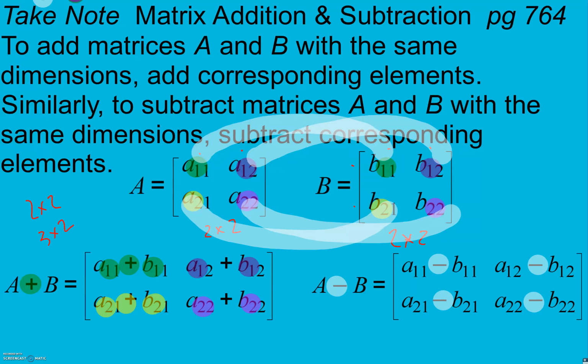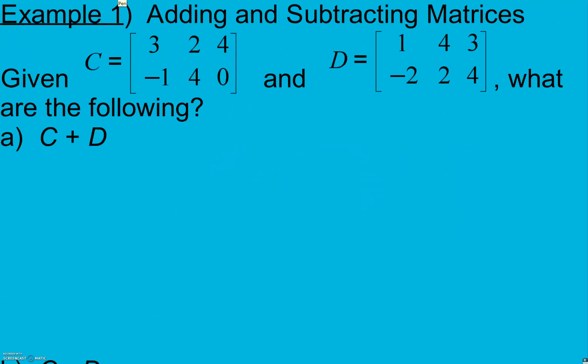So, let's try it. Adding and subtracting matrices here, given C and D, which are both 2 by 3s, what are the following?